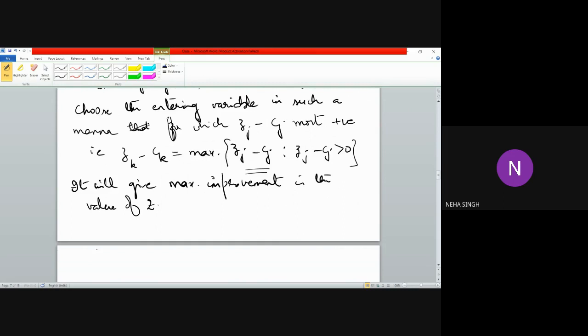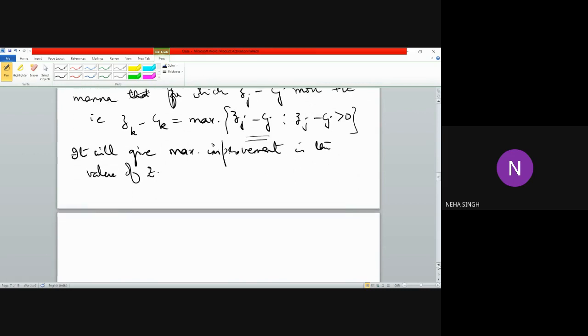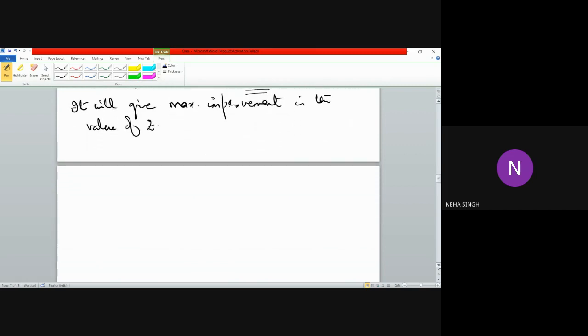Now, see, the point is, for now we'll just concentrate on this kind of thing only. What have we done? We have in a way defined the leaving criteria, okay? And we have defined the entering criteria as well.